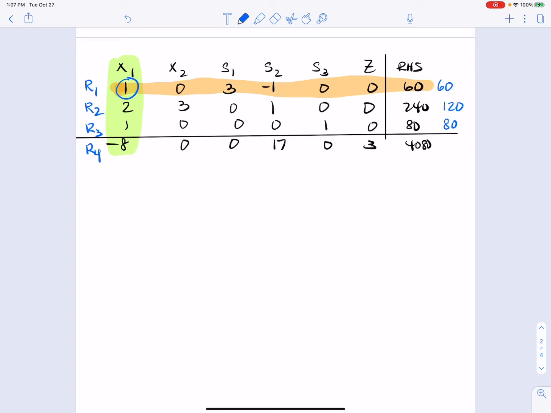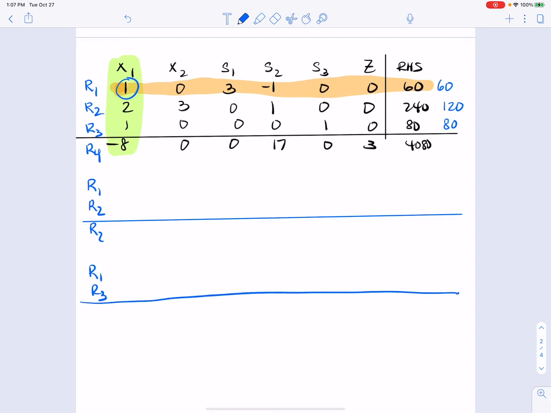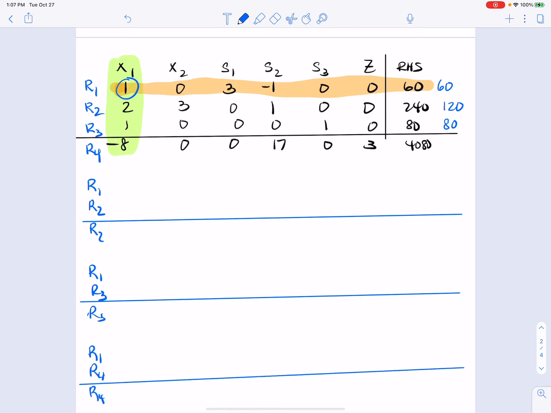So we're going to use R1 to convert all the other ones to 0. We're going to combine R1 and R2 somehow to make a new R2. We're going to combine R1 and R3 somehow to make a new R3. And we're going to combine R1 and R4 somehow to create a new R4.